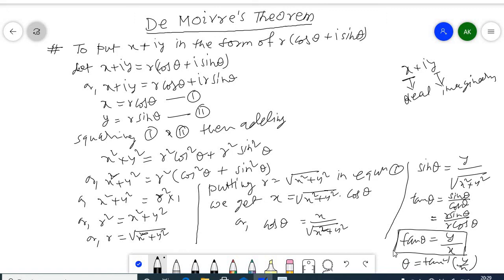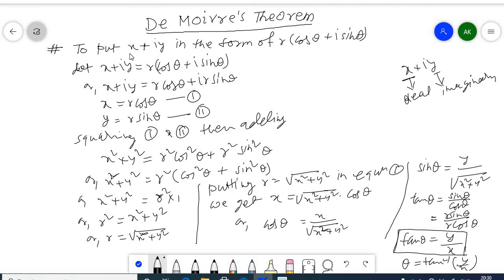So we see here how we write the complex number x plus iy in the form of r cos theta plus i sin theta.